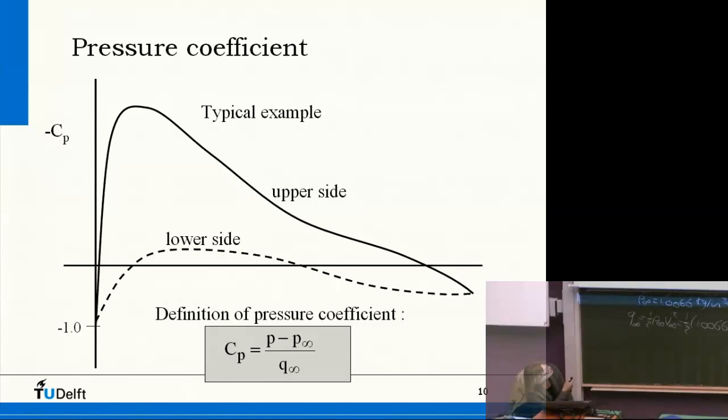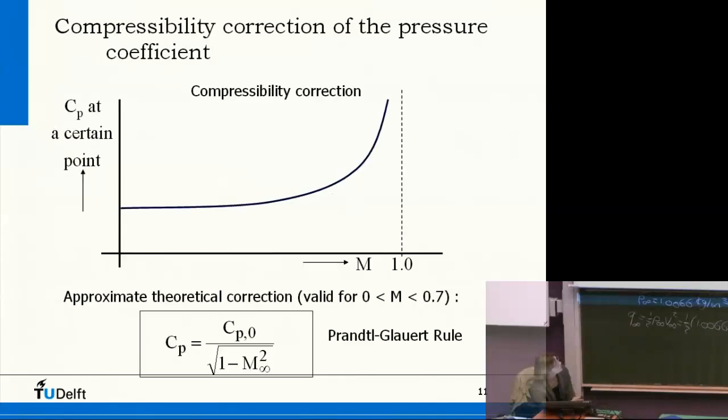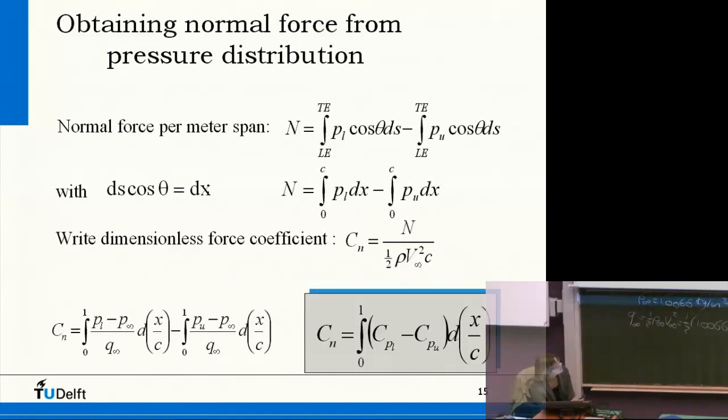That's actually the area in here. So that is the normal force coefficient, right? The area between the upper and the lower pressure coefficient. Actually the area.